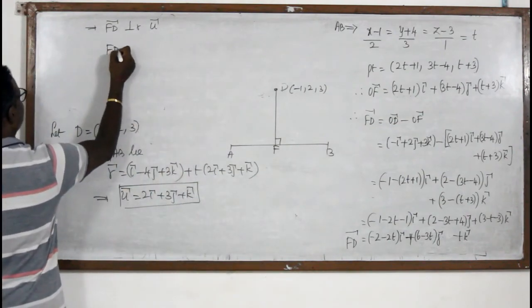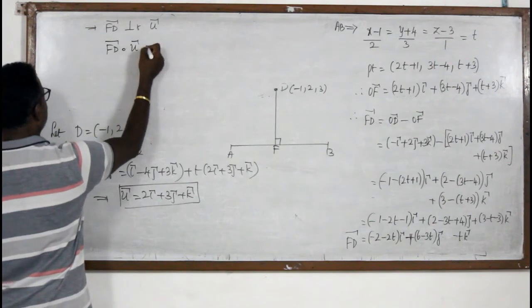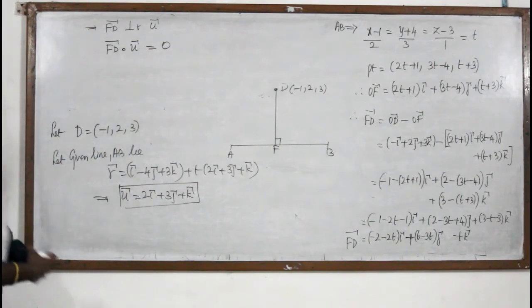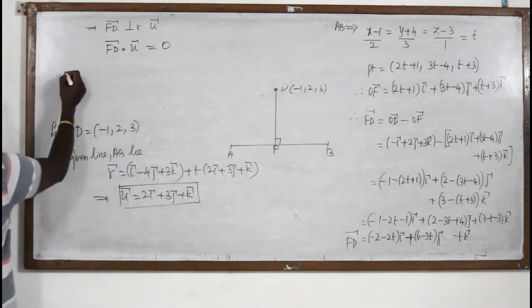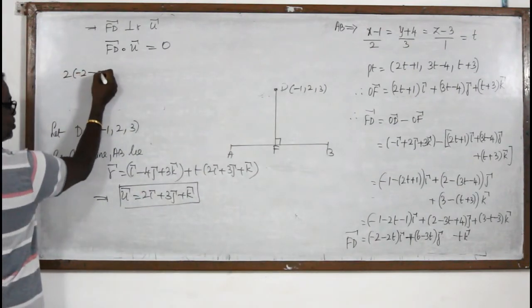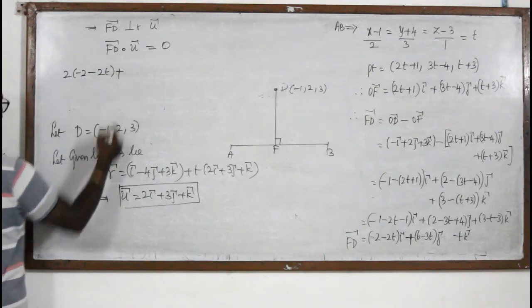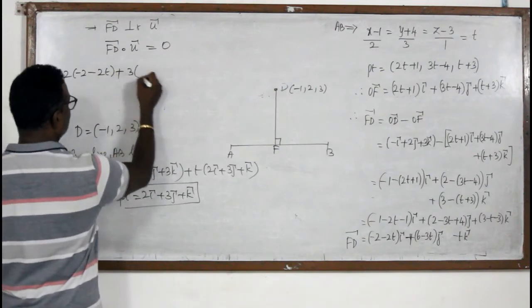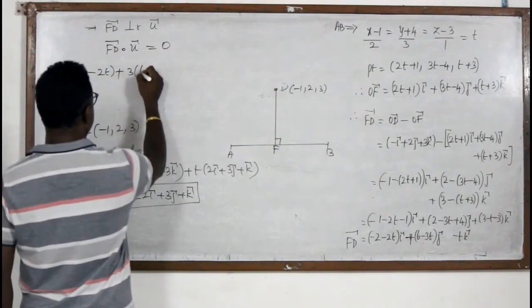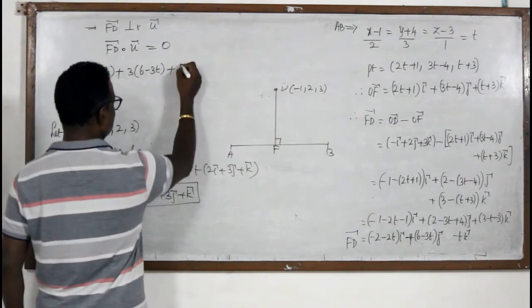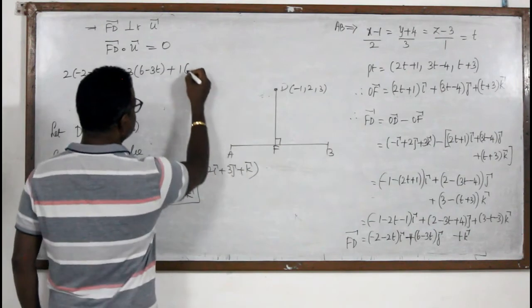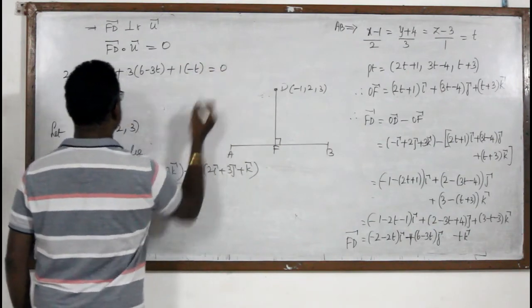That means FD dot u equals 0. The dot product between these two: 2 into (minus 2 minus 2t) plus 3 into (6 minus 3t) plus 1 into (minus t) equals 0.